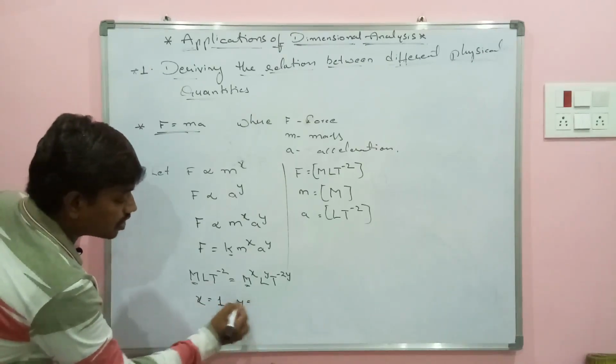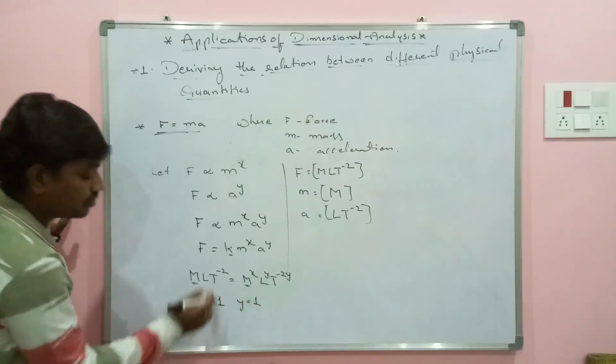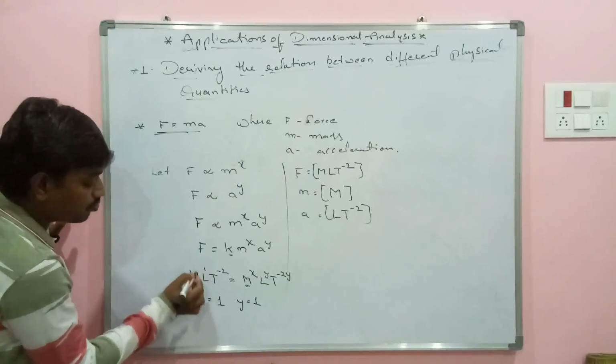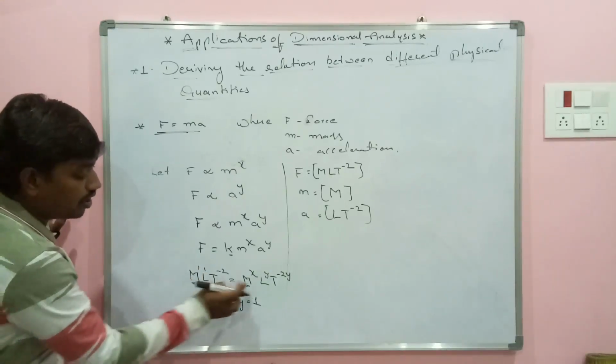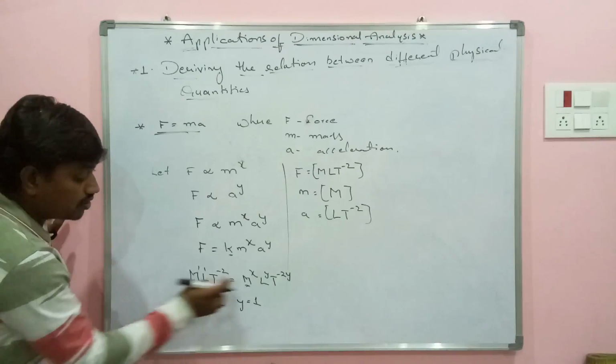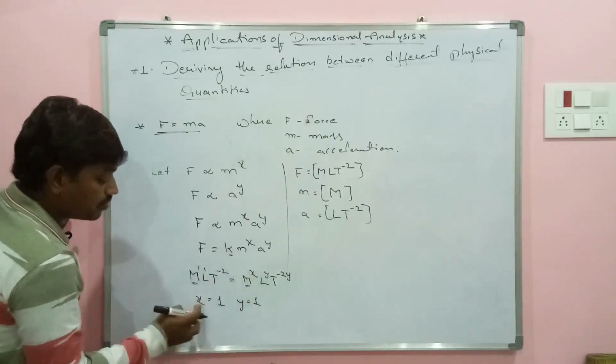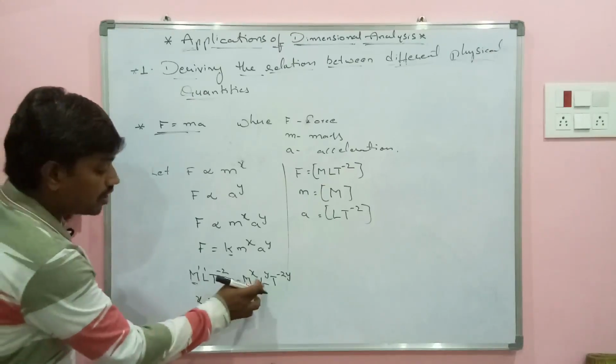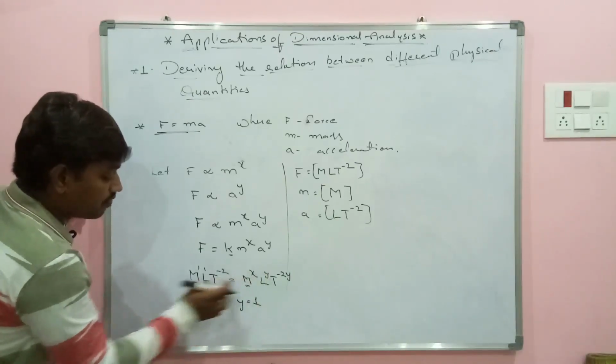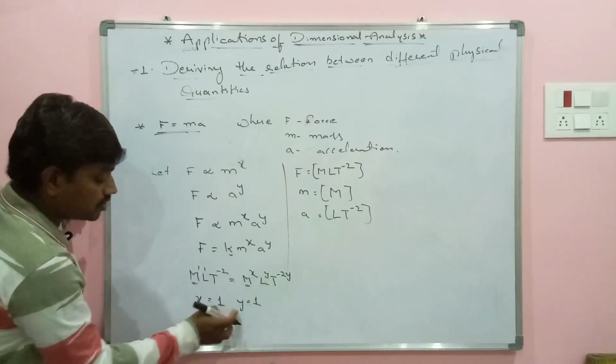Similarly, y is also equals to 1, because it is M to the power of 1, L to the power of 1, M to the power of x and M to the power of 1. So bases are same, so the exponents also should be same, so x is equals to 1. Similarly, here L to the power of y and L to the power of 1, so y is equals to 1.